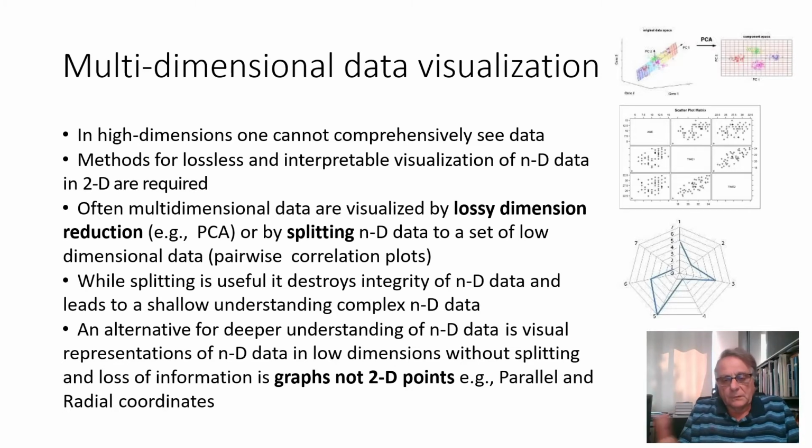In parallel coordinates, we represent each n-dimensional point as a polyline with 10 points connected by linear segments. A similar idea is used in radial coordinates. The only difference is that in parallel coordinates, all axes are parallel, while in radial coordinates, they are radially located.